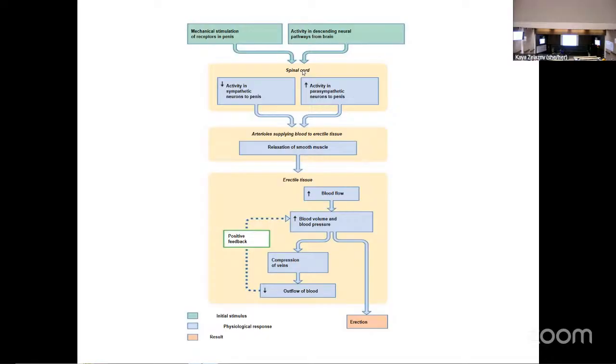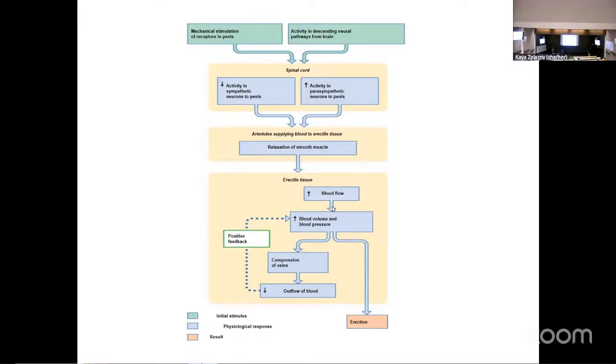Okay. So these blood vessels are going to be running through the erectile tissues in the penis. So those are the ones that ultimately swell up and make that physical structure stiff. So we're increasing the blood flow, which means we're increasing the amount of blood that is in those erectile tissues. So we're increasing the blood volume, we're increasing the blood pressure, all in this area.